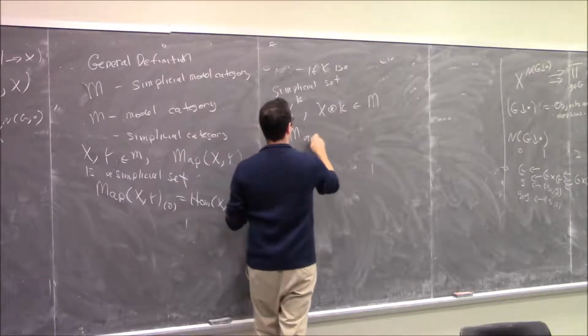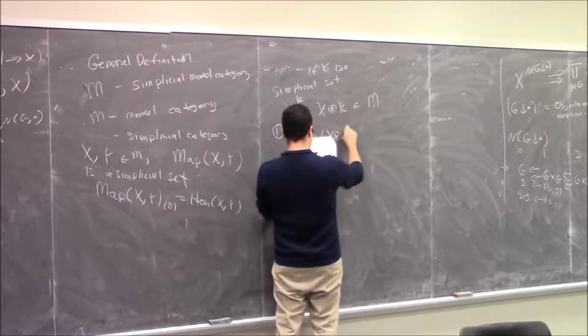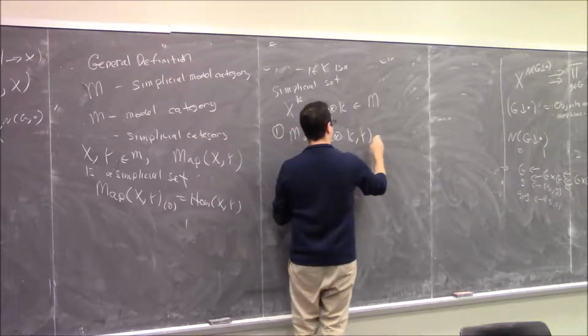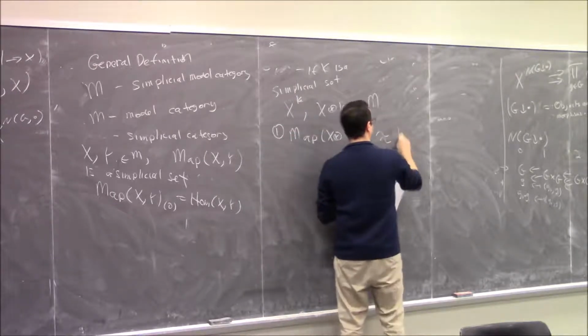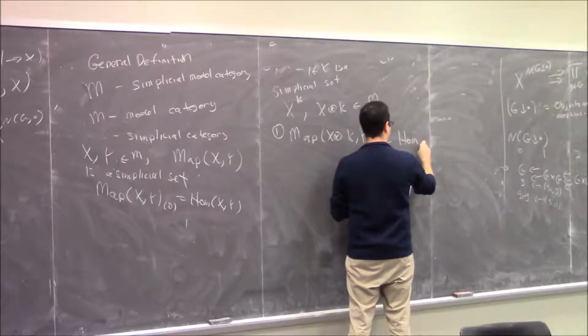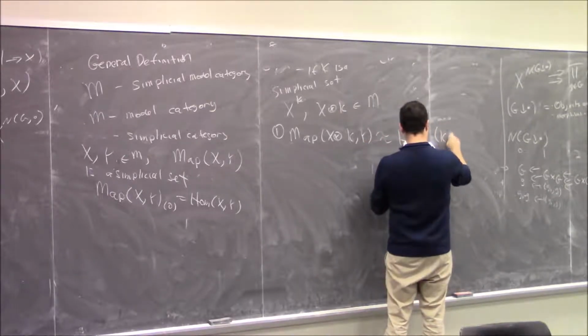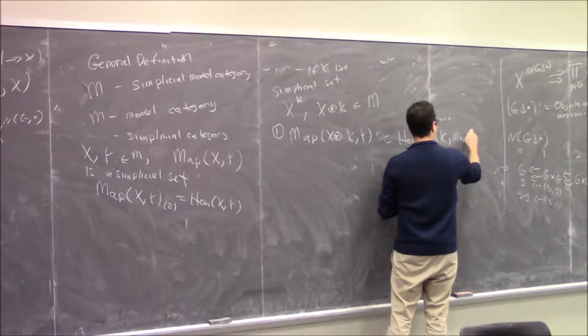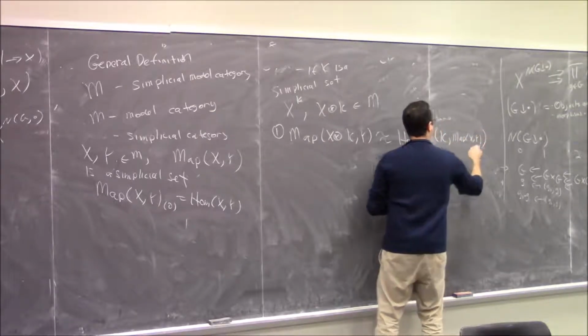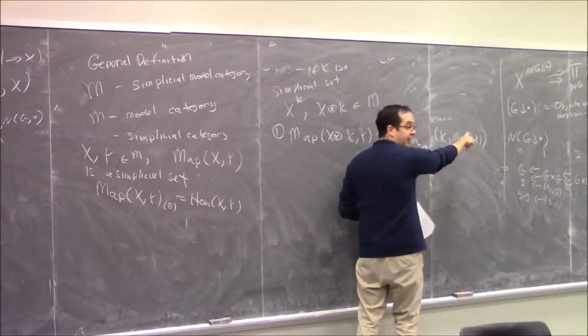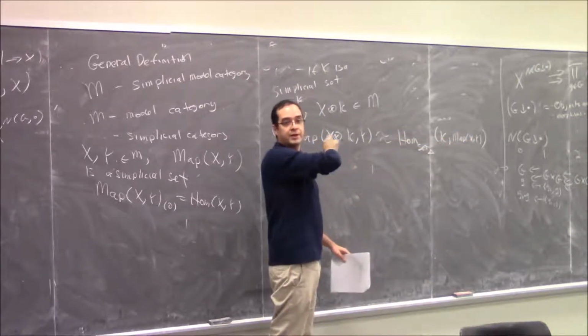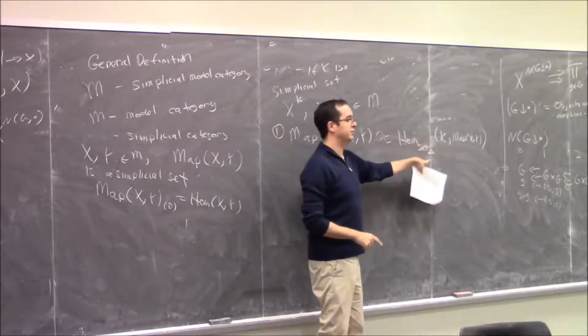So K and map(X,Y) are both simplicial sets, so I can look at the maps of simplicial sets.